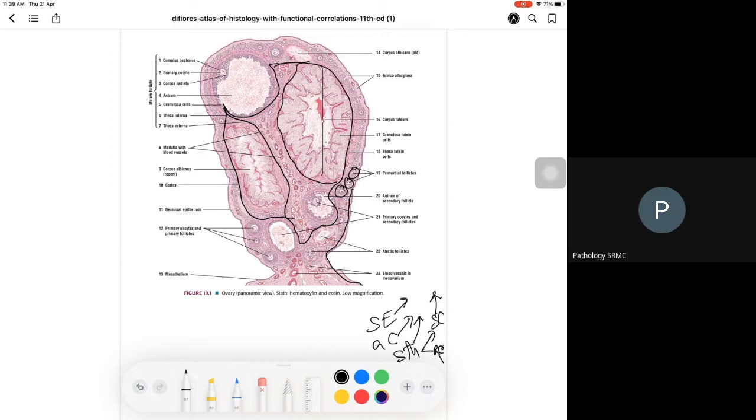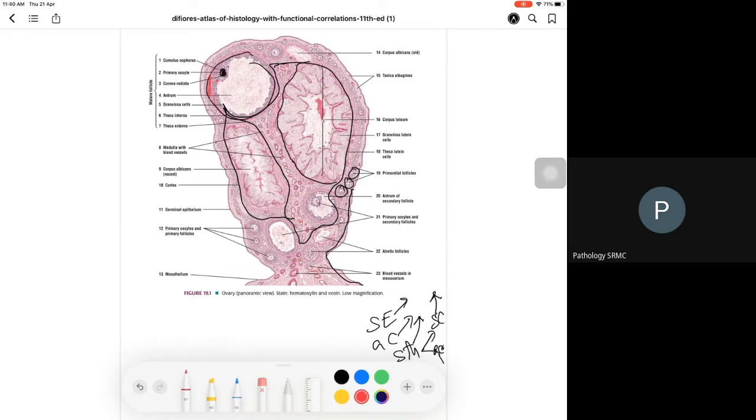Next, corpus albicans old, tunica albuginea, corpus luteum, granulosa lutein cells, theca lutein cells, primordial follicles, antrum of secondary follicle, primary oocytes and secondary follicles, atretic follicles, and blood vessels in mesovarium.